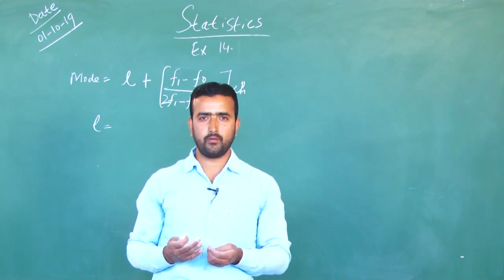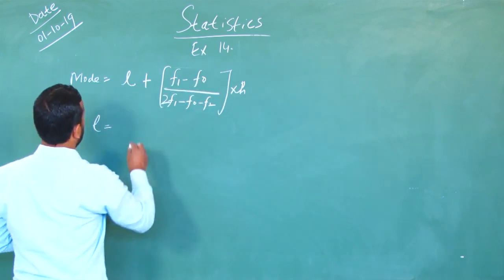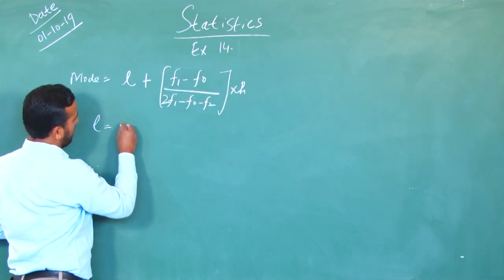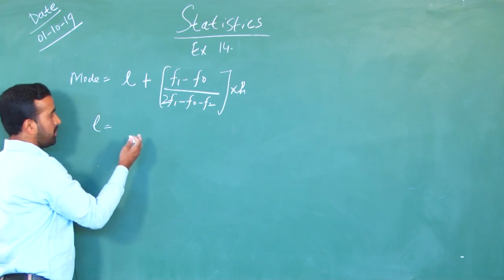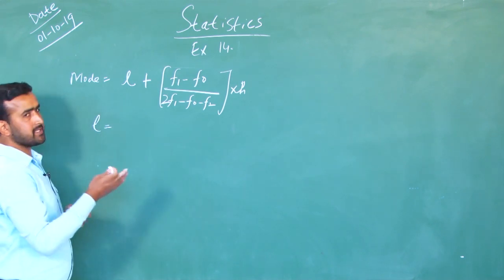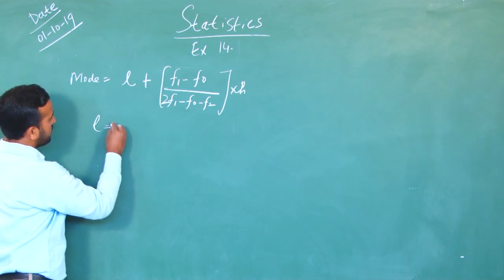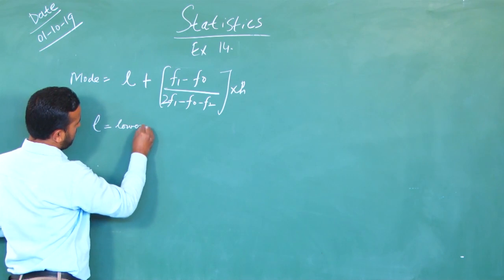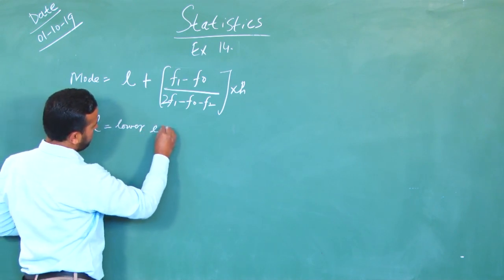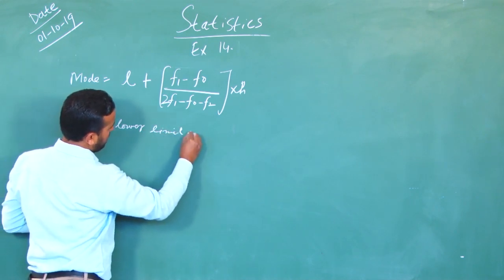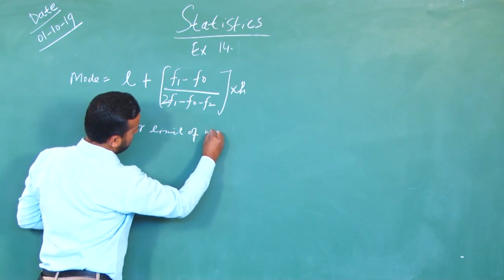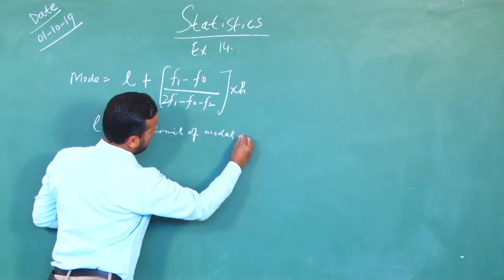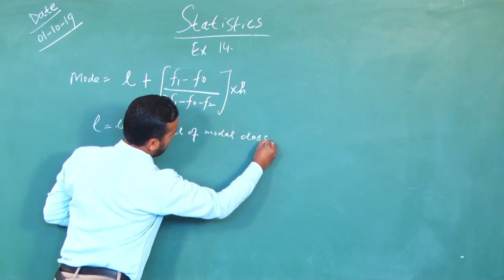So L means the lower limit of the modal class, that class which has the highest frequency. Out of that, what is the lower limit of that class? So L stands for lower limit of modal class.